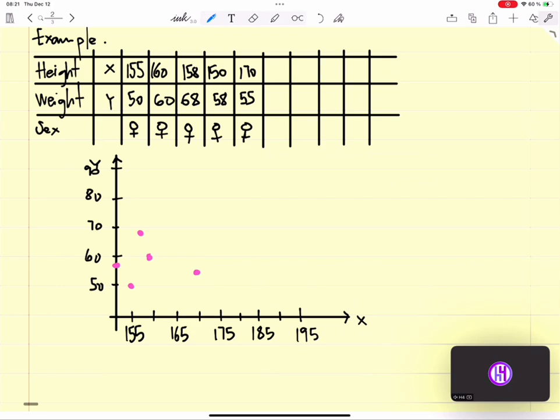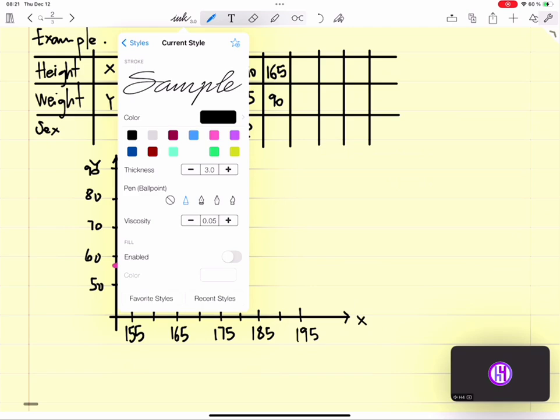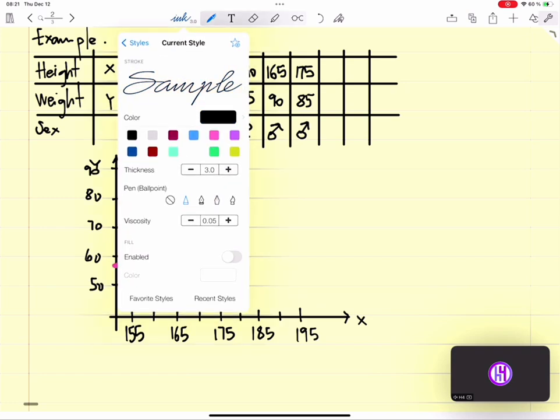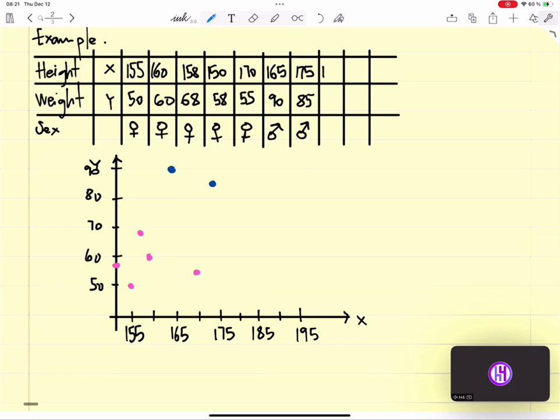Let's get the men. 165 and 90 kilos, somewhere around here. Then 175 and 85. So this is a man and a man. And then again 180, 88, another man.